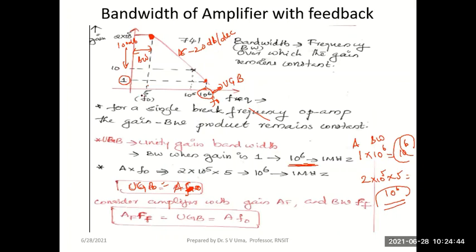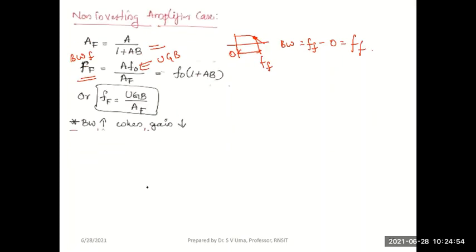So F0 represents this frequency. Product of gain at that point is A. So we have A into F0 as the UGB, unity gain bandwidth product. I have to substitute that and divide it with AF to find the expression for bandwidth with feedback.